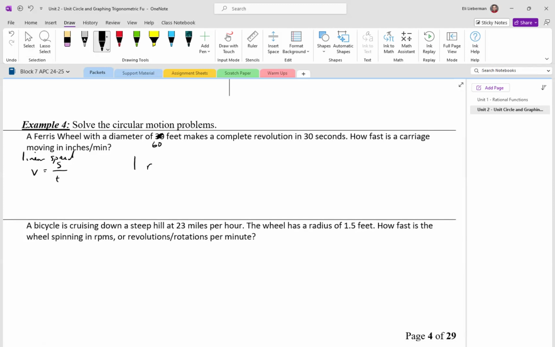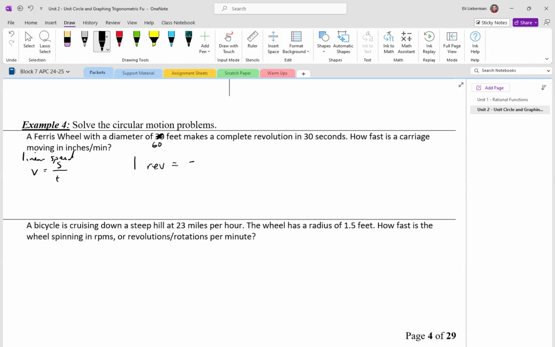Okay, so one revolution equals how much? How far does it go in one revolution? Wait, 60 feet to inches.